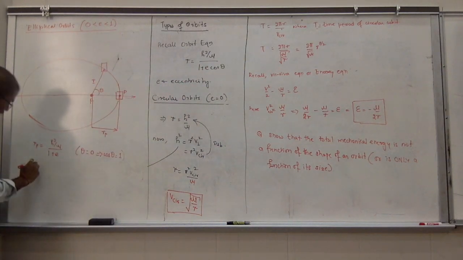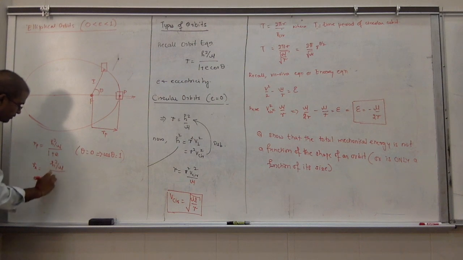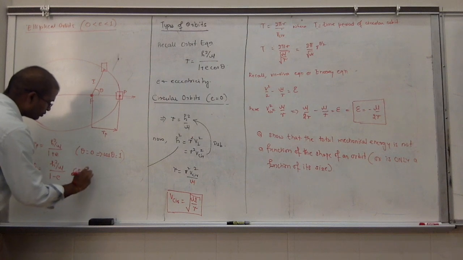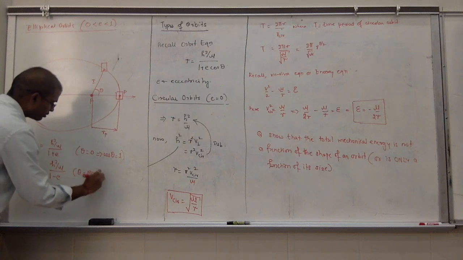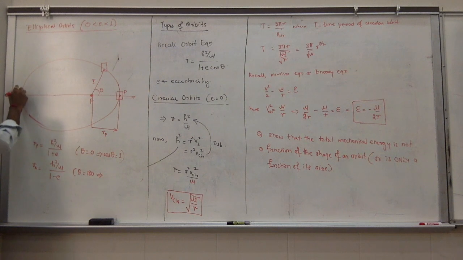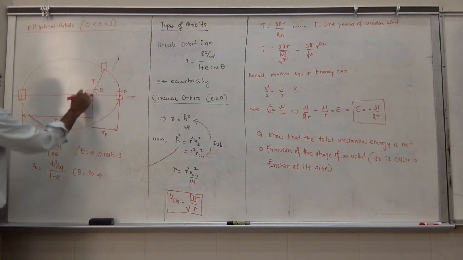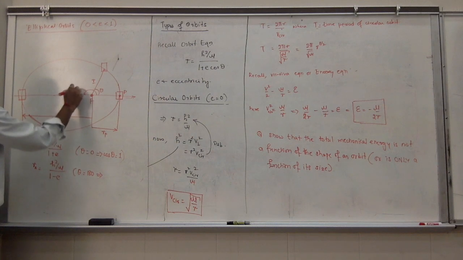Similarly, what is RA? h square over mu divided by 1 minus E, because theta is equal to 180 degrees. If your orbiting body is here, this would be your RA, and the angle would be theta equal to 180 degrees.